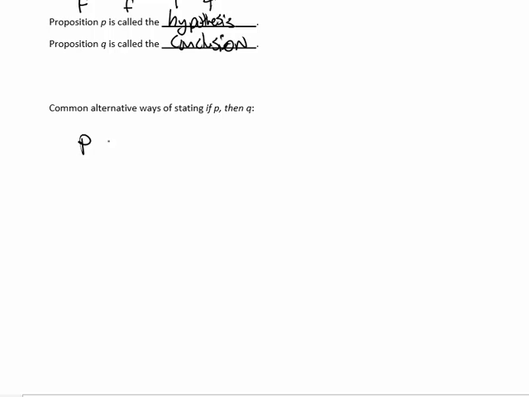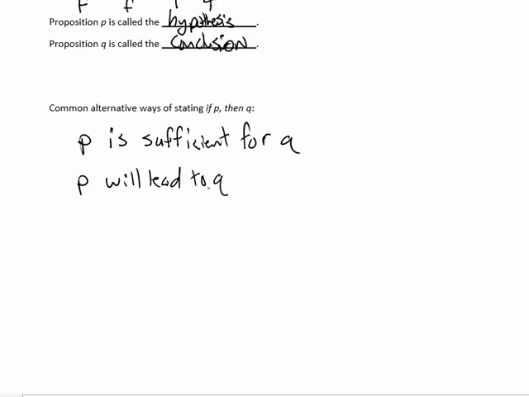So we can say P is sufficient for Q, and that means the exact same thing as if P then Q. P will lead to Q. P implies Q. So we're just making a list of all these things: sufficient, will lead to, implies.